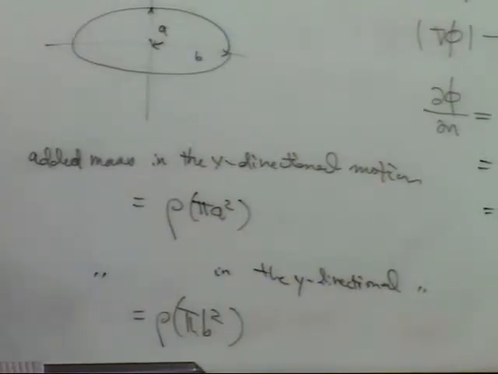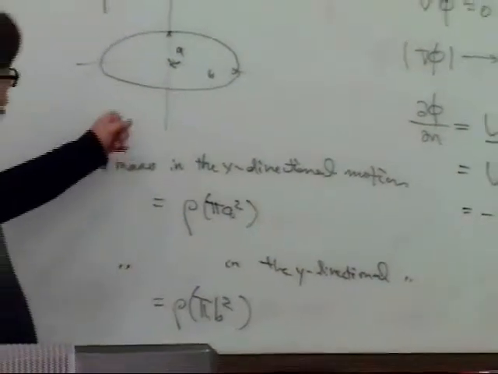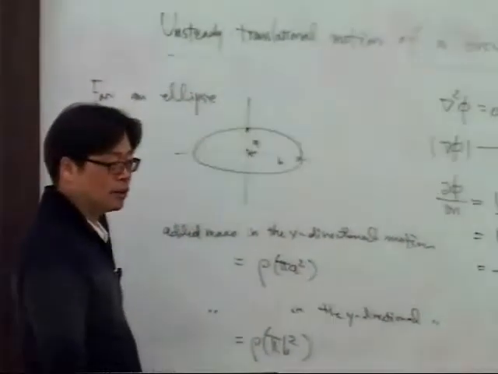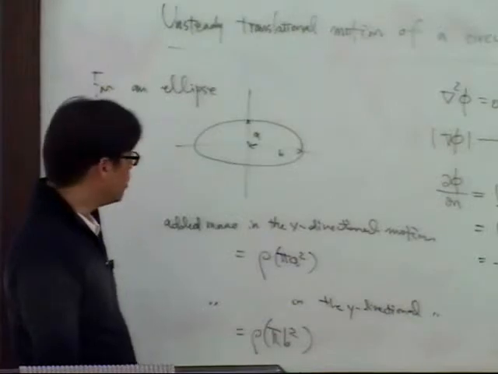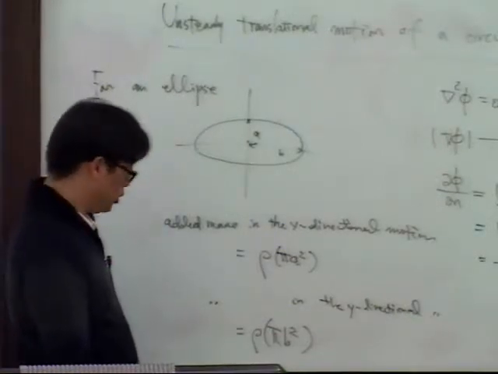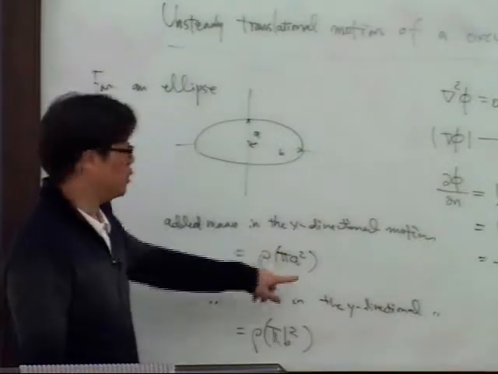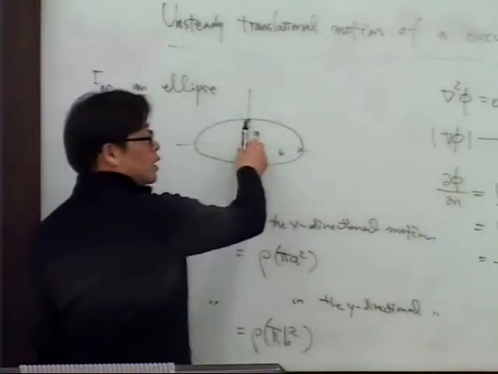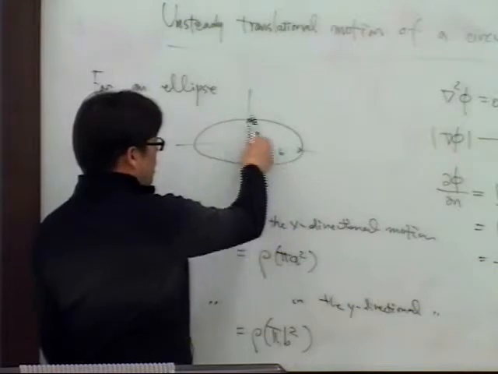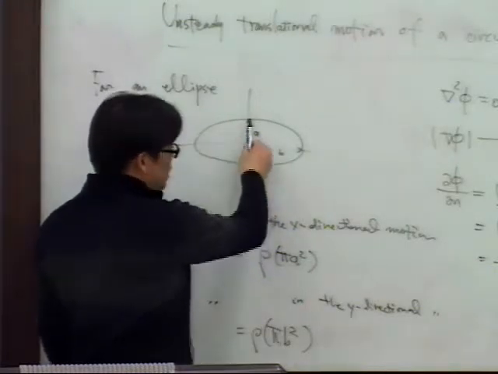From homework 2, you know how to compute the flow field around the ellipse. So you can compute the eddy mass, and you will see the eddy mass in the x direction is rho pi a squared, which is exactly the same as the eddy mass for a circular cylinder whose radius is a.